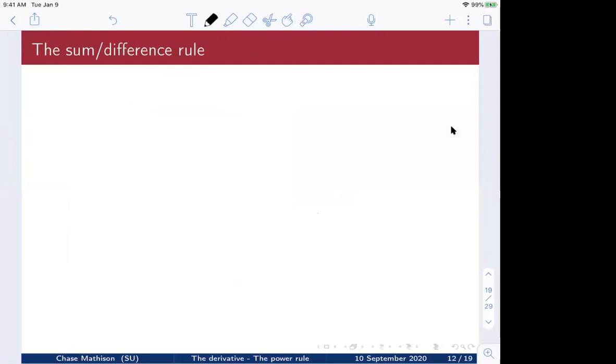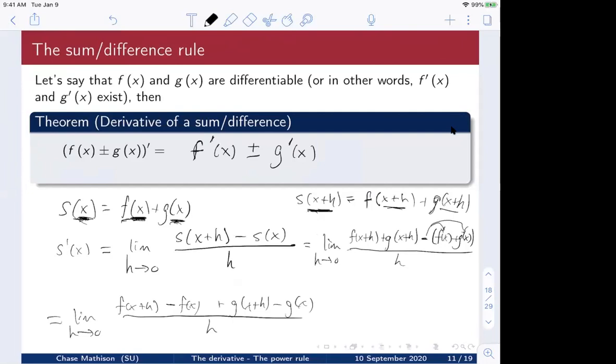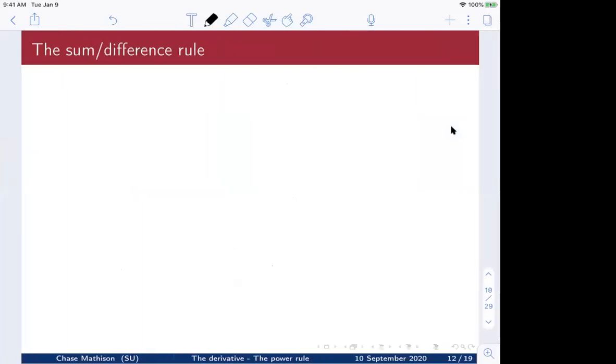Okay, I can break this up into this plus that. If I'm adding two things over the same common denominator, I can break them up into two parts over the same denominator.